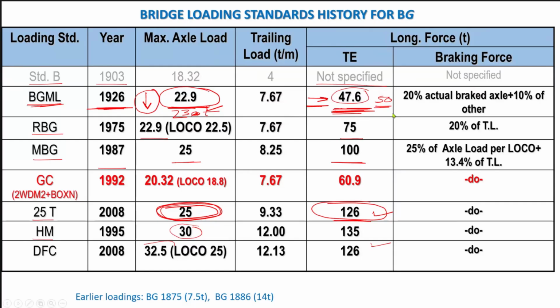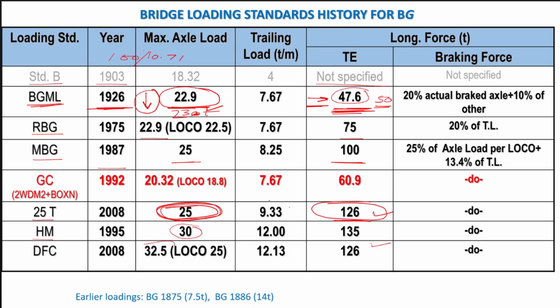Sir, what is this trailing load? The trailing load is shown in column number 4. As per the bridge rule, whatever the loading diagram is shown, it is the total axle load of one wagon divided by the buffer to buffer distance. Like the BOXN wagon, it is 10.71, and our axle load is 25 ton into 4, meaning 100, divided by 10.71.